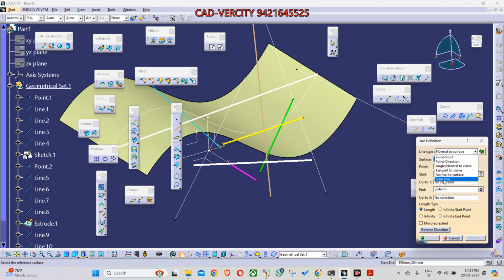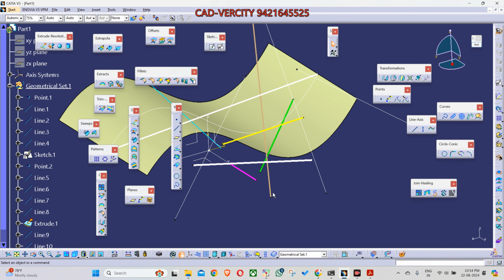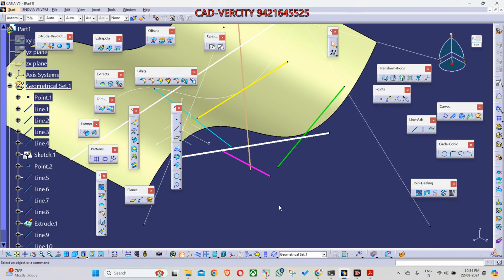What is bisecting? What is an angle bisector? When we are having two lines at an angle, we can equally divide that angle using bisecting.